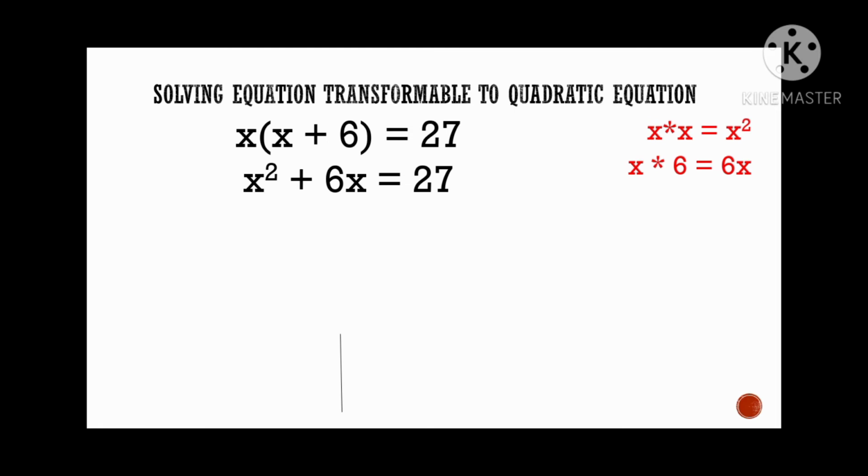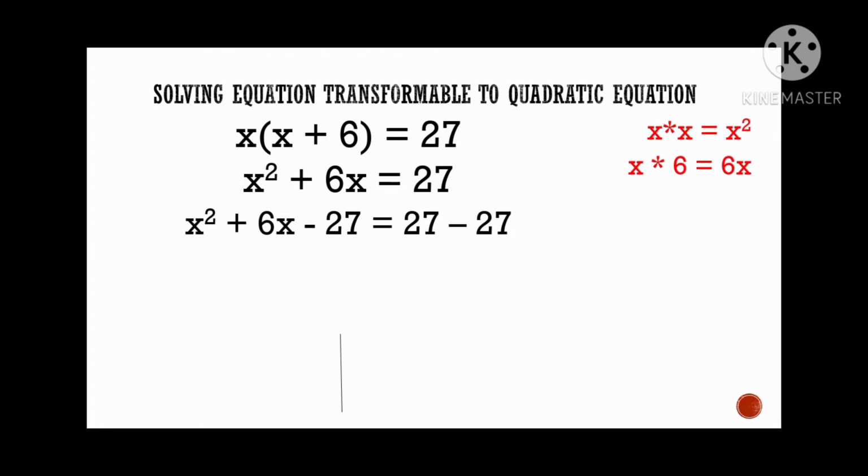Then, after nyan, isusulat lang natin yung equation na yan sa standard form. So, ibig sabihin, the right side of the equation should be equal to 0. So, ayan. So, we are going to use the subtraction property of equality.